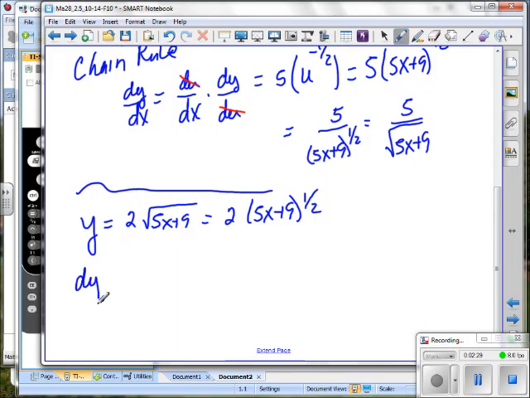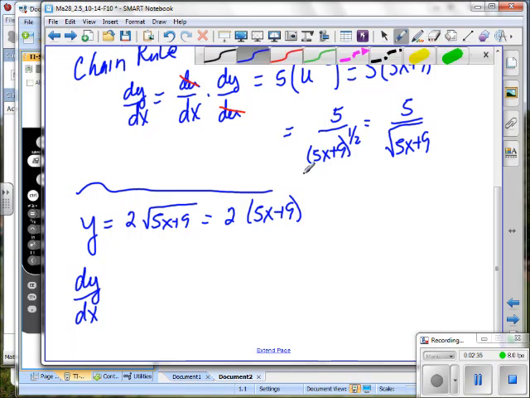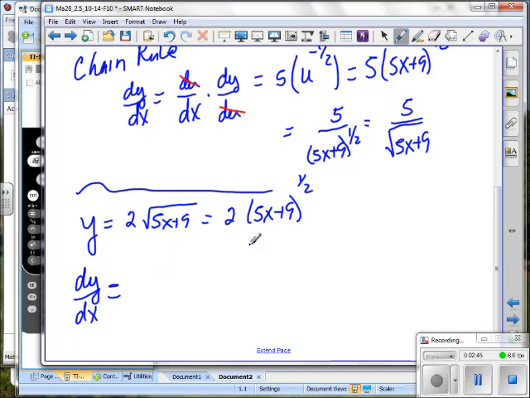And then I look for the derivative of y with respect to x. Again, my first thought is order of operations.